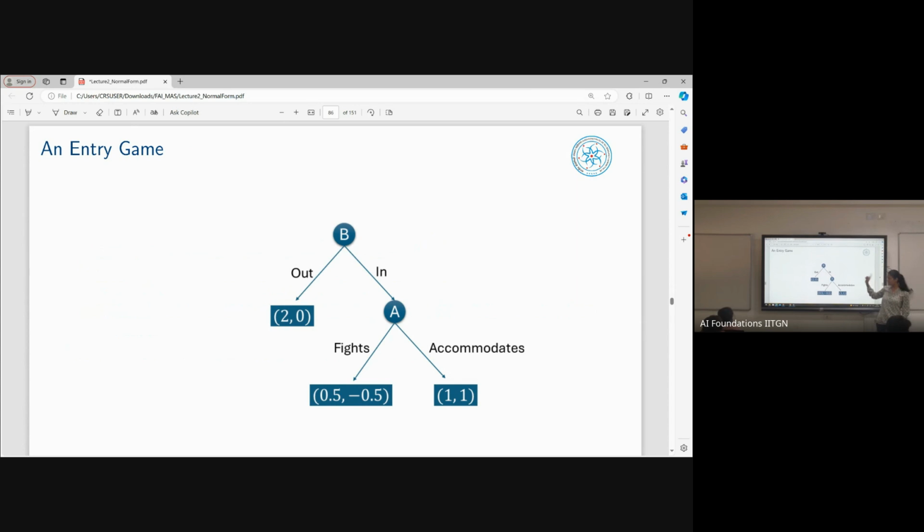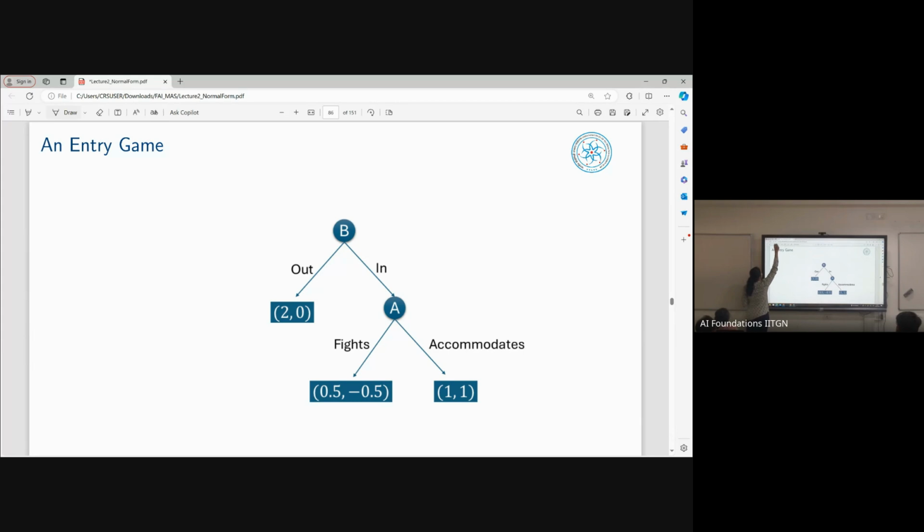Had I represented this in the strategic form or the normal form, how many strategy profiles would you have got? Yes. So then you would have had to represent 4. And how would you fill out the matrix? Can you all fill out the matrix, if I had written it in the strategic form? A, let's say, is our row player, and B is the column player.